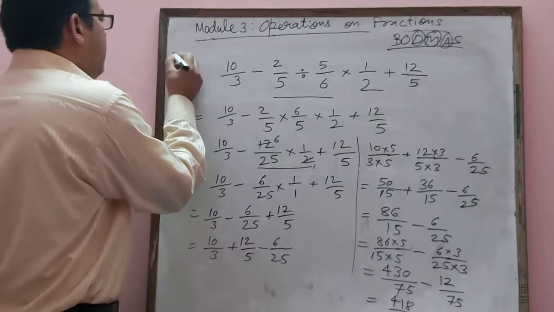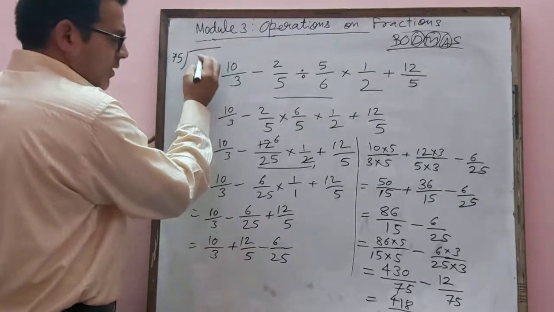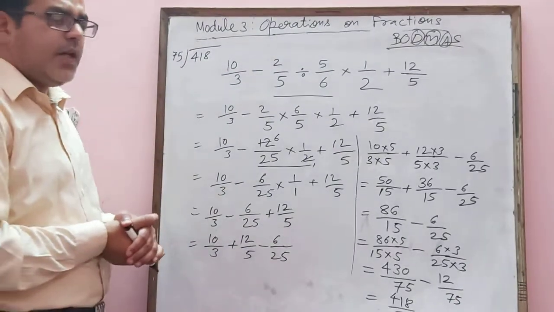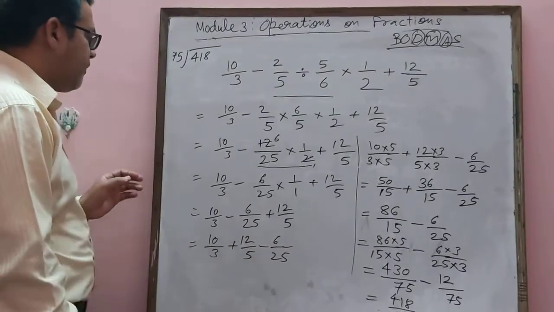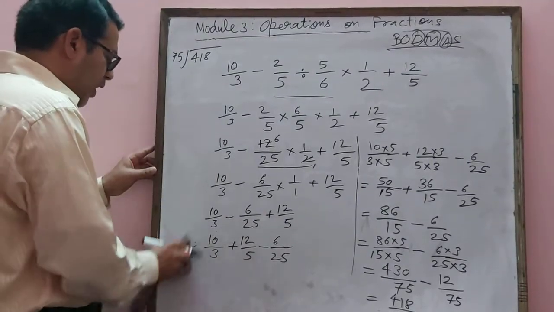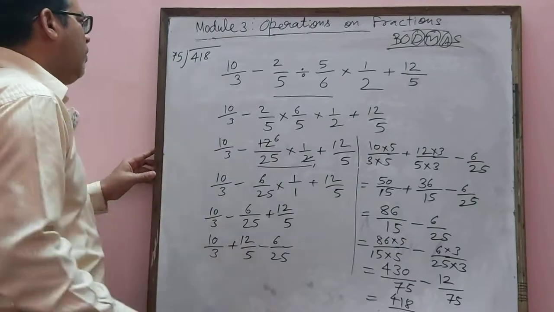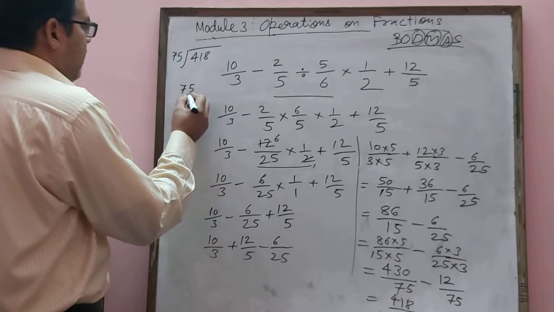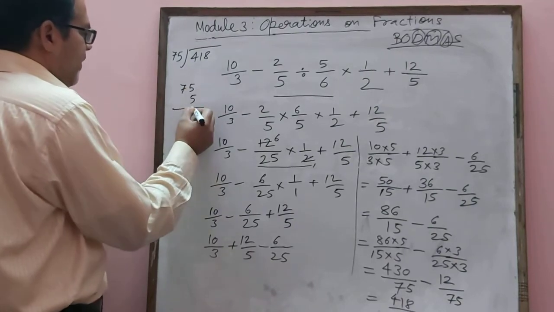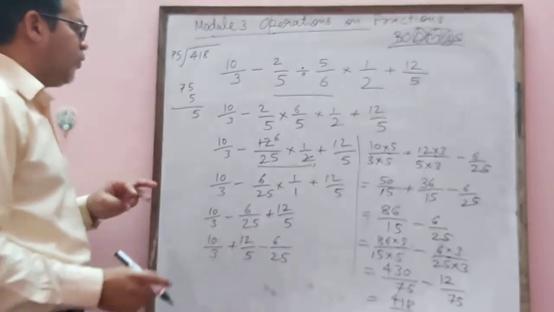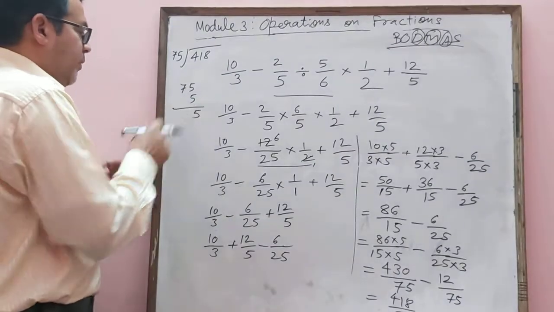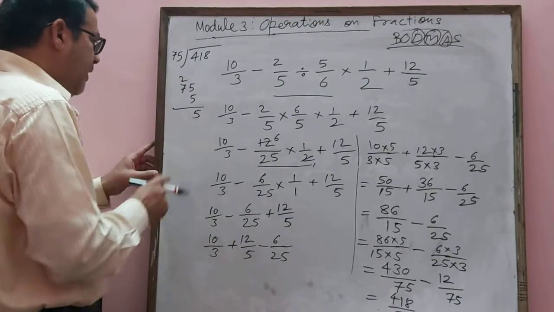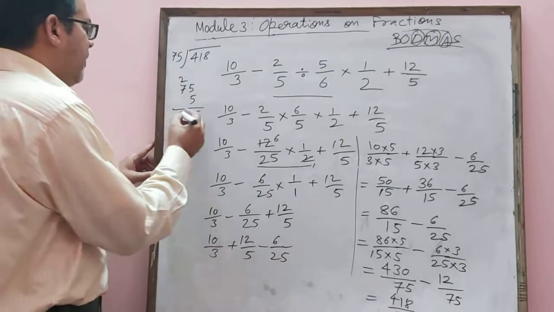How we can convert it? Divide this 418 by 75. Right? So how many times? I think you all know how to multiply. So first you need to multiply this 75 by 5. 5 5s are 25, 5 7s are 35 and 2 is carry there. 5 7s are 35 and 2 is 37.